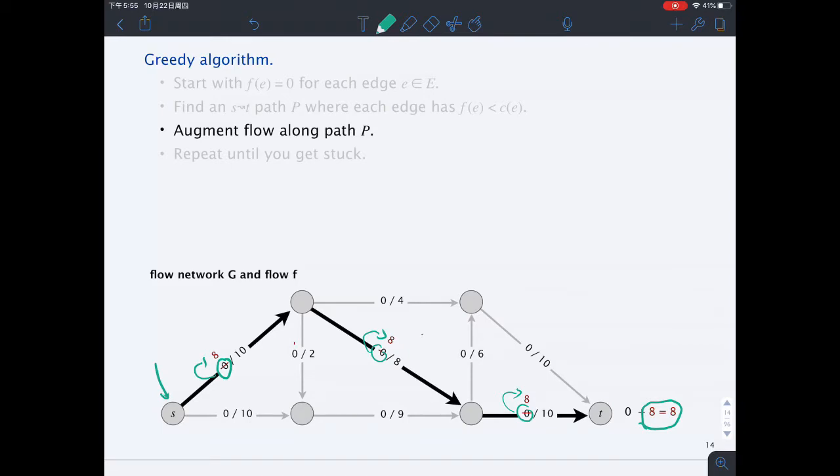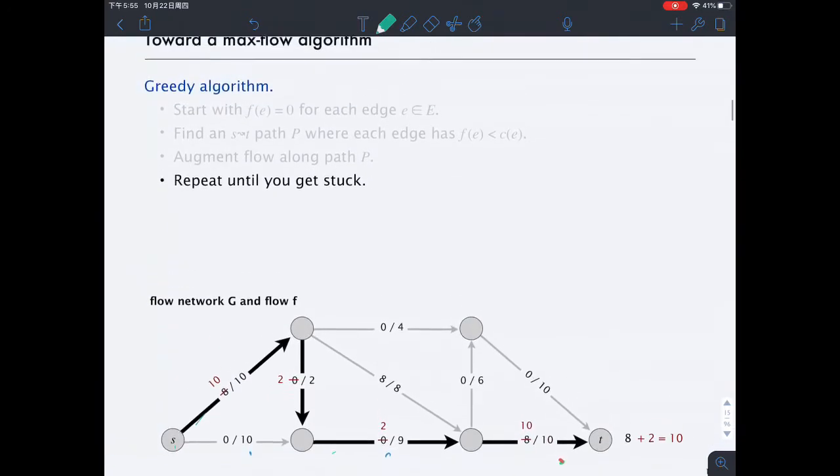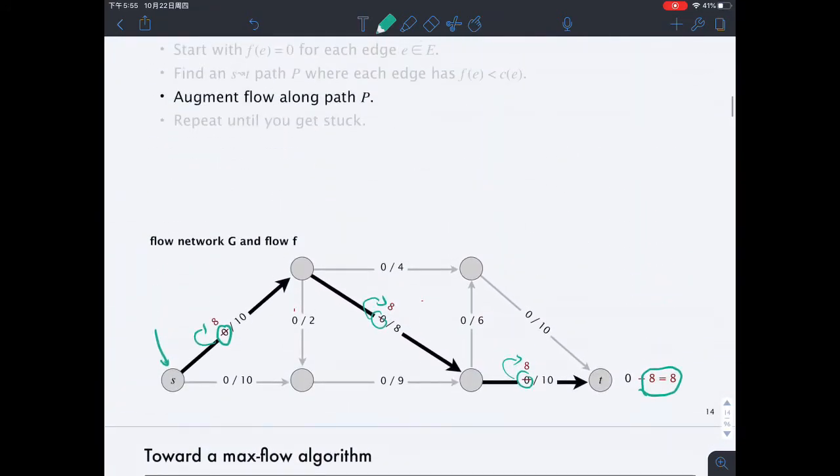Now, what we need to do next is to repeat the same action, right? And find another path that's connecting from S to T that allows us to push out more flow. So if we look at the next slide, the second path this slide is choosing is another path moving from here, and let's also label all these nodes, right?